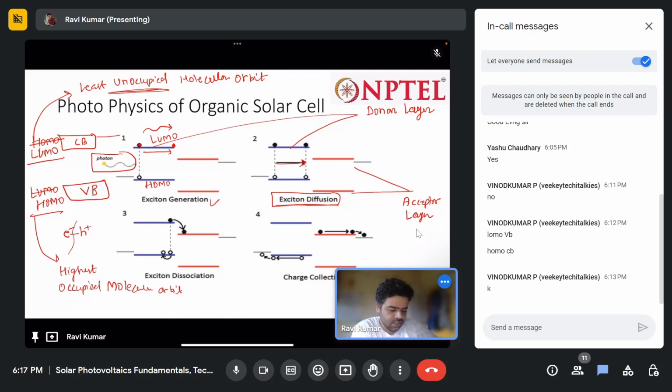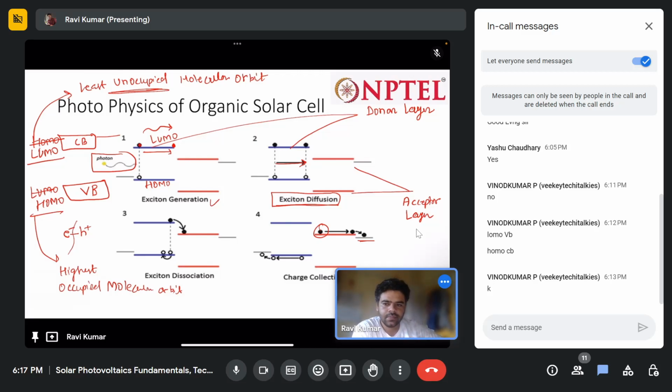And after the dissociation, this electron goes to this acceptor layer, and from this acceptor layer it is collected by the metal contact. And on the other hand, the hole remains in the donor layer, and it is collected by another electron. So these are the four crucial steps for an organic solar cell.